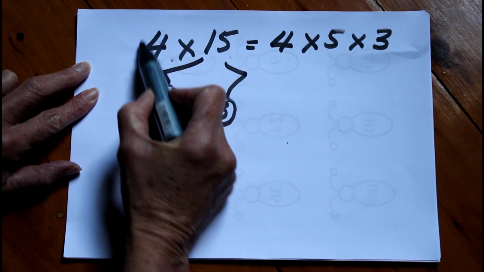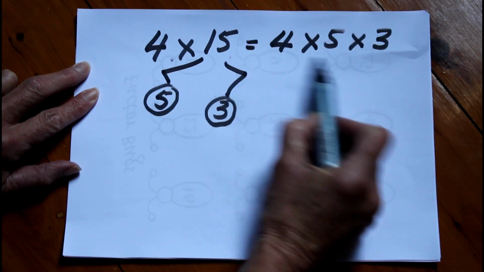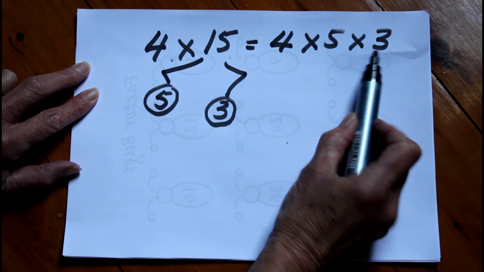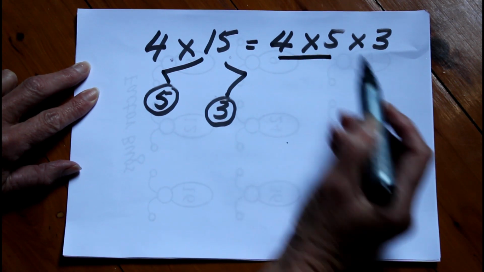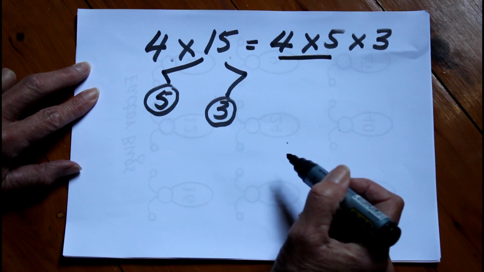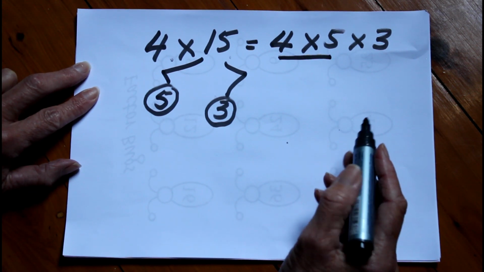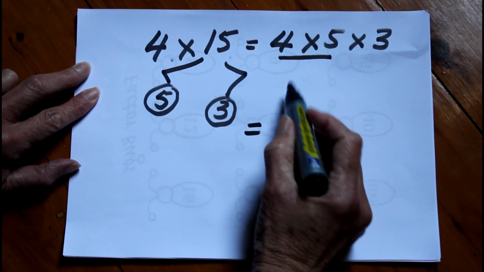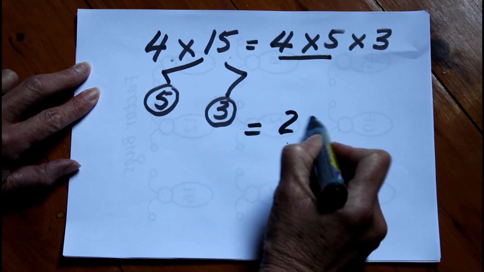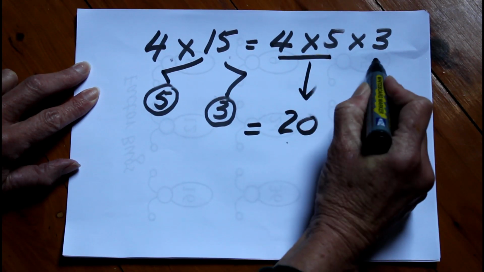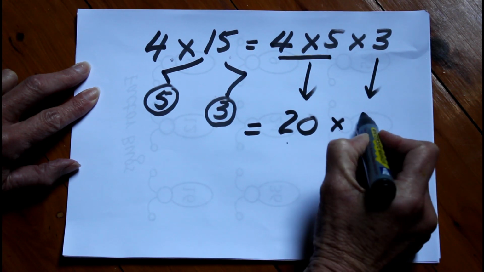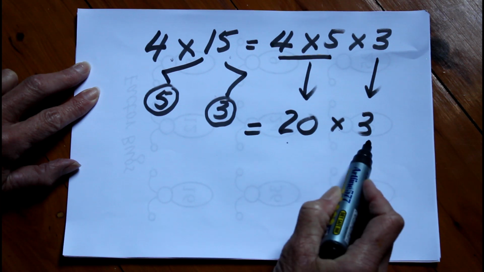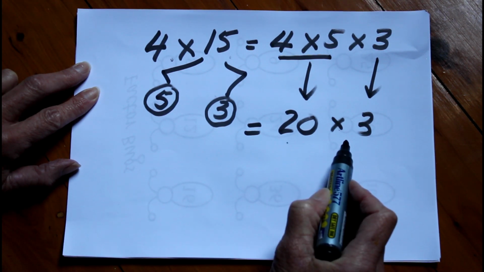So this number sentence actually matches this one. I have just written it completely differently. Now I'm going to focus on these two numbers because I know 4 5s is going to be 20. It's a 0 number. It's working for me. That's a really good number. So let's write that again. 4 5s are 20, so that's come down here, and we need the 3 to come down here. Now, straight away, this is a number sentence which is much easier for me to use.